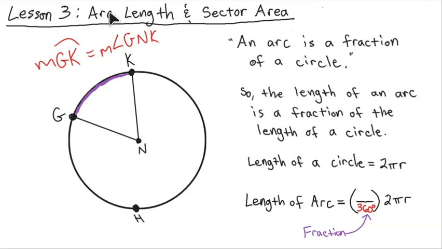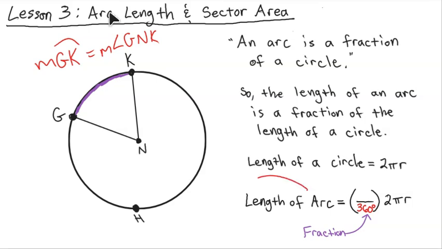The length from here over to here is a portion of the length of the entire circle. What portion? The measure of the arc.